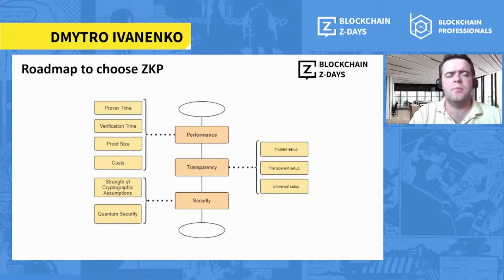First, it's performance. You need to understand characteristics such as proof time, verification time, proof size, and cost. It's a specific characteristic when you need to pay for a request to an API, maybe a cryptography API, when you use the cryptography service of a cloud provider.